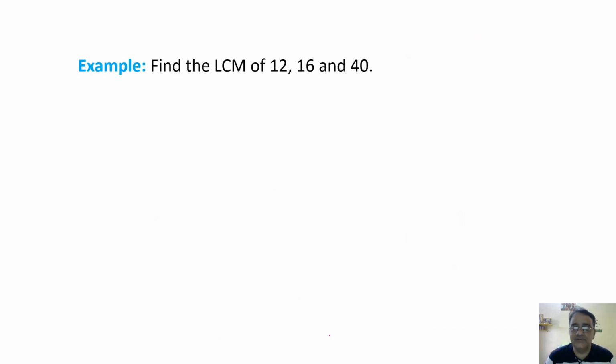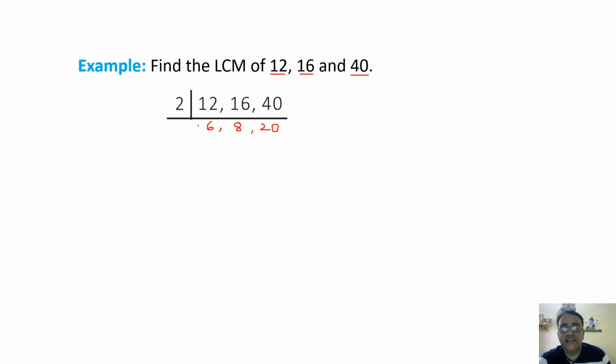Find the LCM of 12, 16 and 40 by the division method. See, all these three numbers are divisible by 2. So we will take the first divisor 2. Let's divide. Here we will get 6, here 8, here 20. Now again 6, 8, 20, all these three numbers are divisible by 2. So we are going to divide by 2.